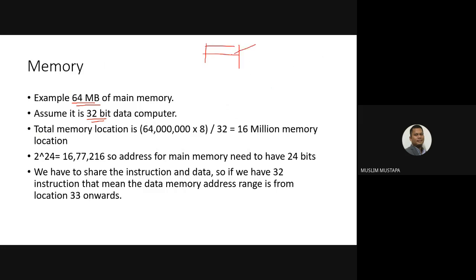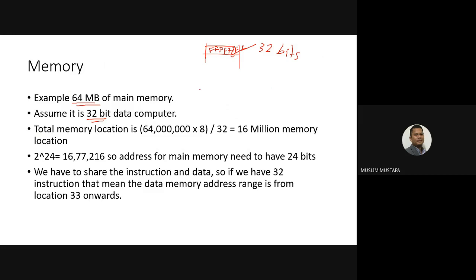In one memory location, we're going to have 32 bits of data, right? So we can store 32 bits of data in one location. That means we're going to have, let's say, F, so in hexadecimal, we're going to have 8 hex digits, 1 2 3 4 5 6 7 and 8, in one location. So we can store 32 bits.